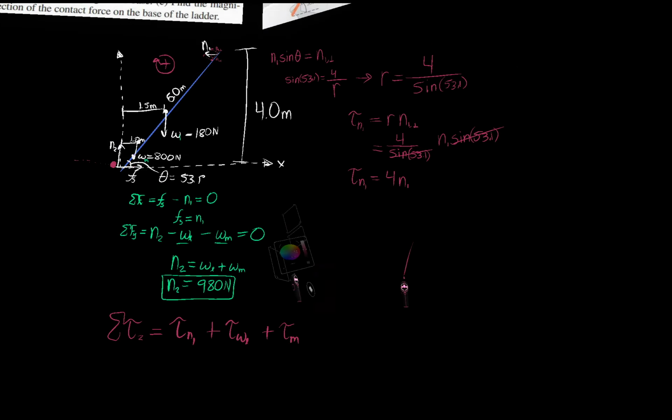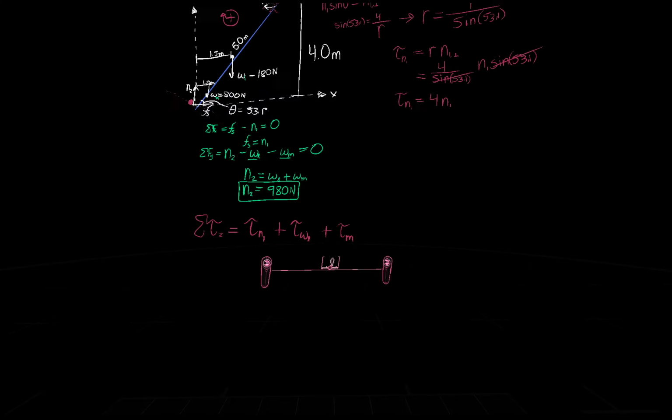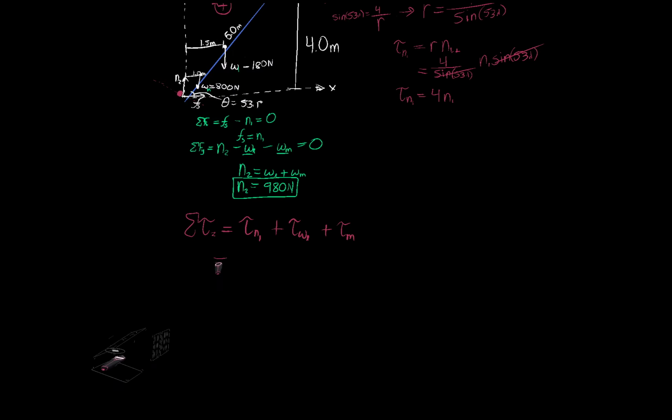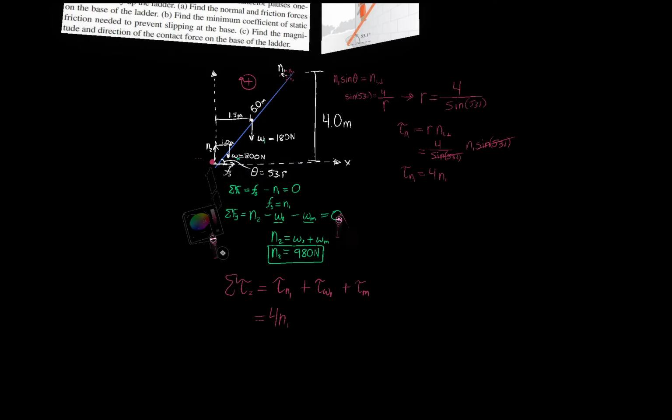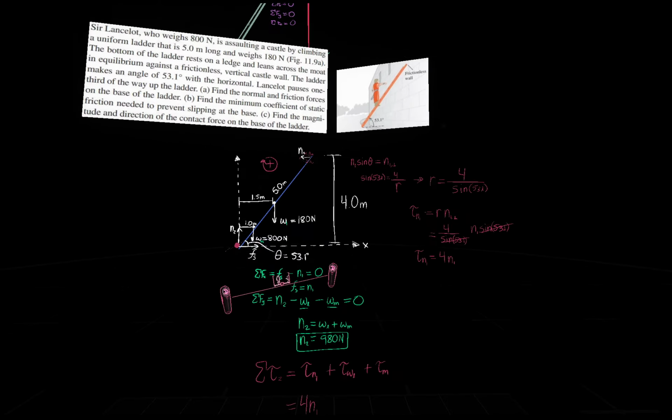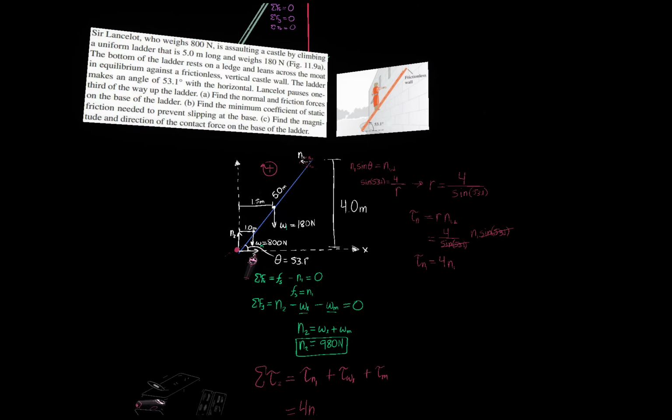So we can go over here and fill that one in at least. So that's equal to 4 times N1. And then I'll tell you, for these guys, the same trick works. They're just causing reverse torque. And so the same trick works if you use this distance and consider this triangle and this triangle instead.